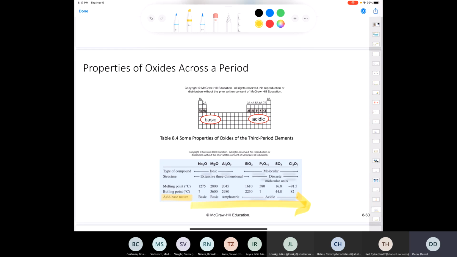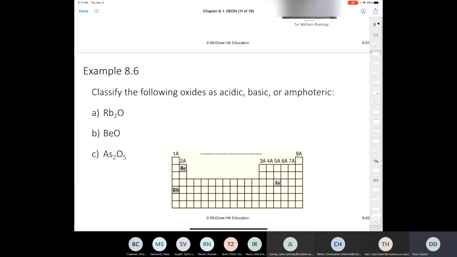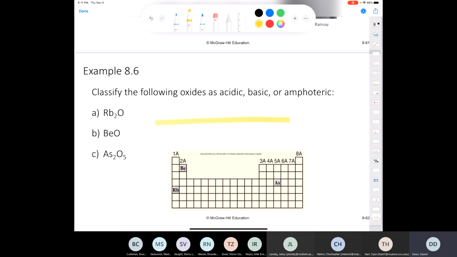So if you were to compare these oxides in this example, it says classify these oxides as basic, acidic, or amphoteric. Remember what I just told you, that as we go across the period like this, we go from basic oxides to acidic oxides.